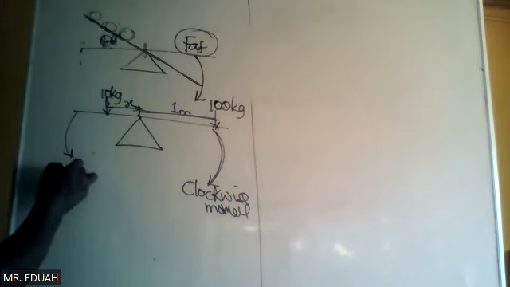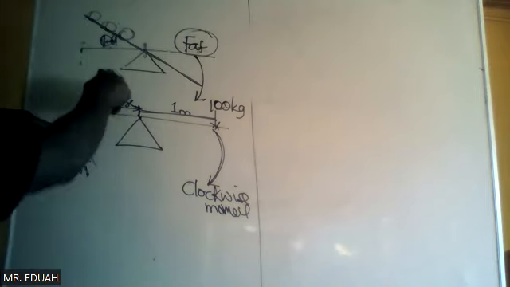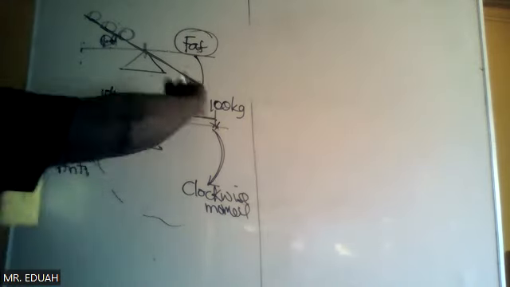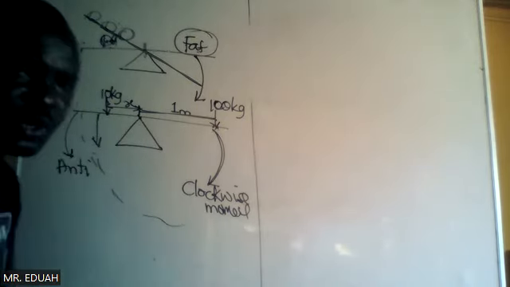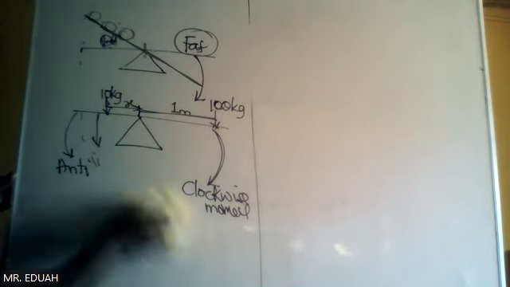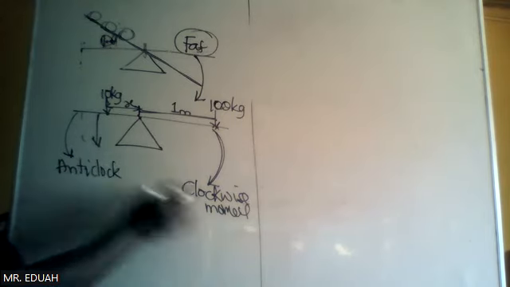This would also give us an anti-clockwise one, because when the force exerts this way, it will turn in this direction. So this is clockwise, this is anti-clockwise. Are we okay? Do you understand that aspect? So anti-clockwise moment, clockwise moment.